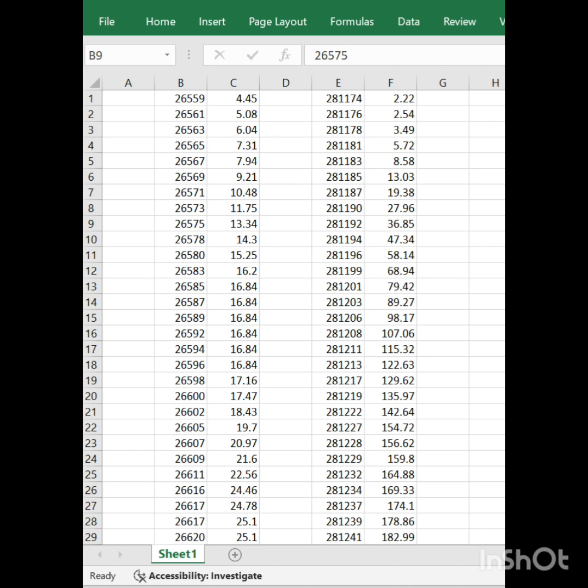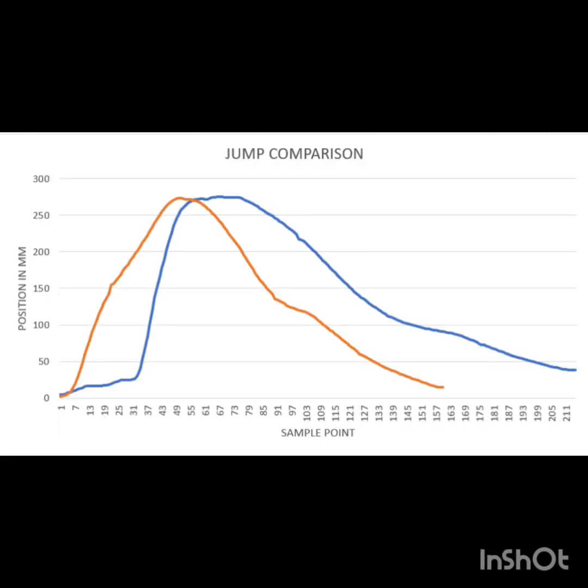One's the one that I currently race on, and the other fork, the blue fork, we added 0.3 mil of float to. Obviously that blue fork's a softer fork, but for the ski jump we had the same displacement for both forks, though we can see a lot of hysteresis in blue with that big flat hang up at full displacement. You can see that blue takes a while to get going as well.